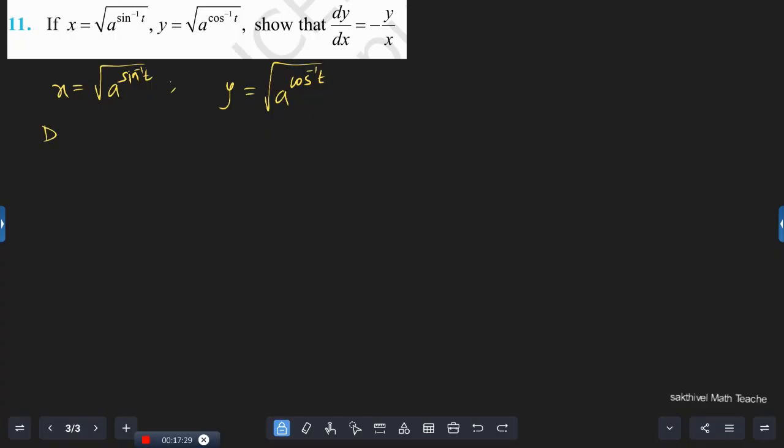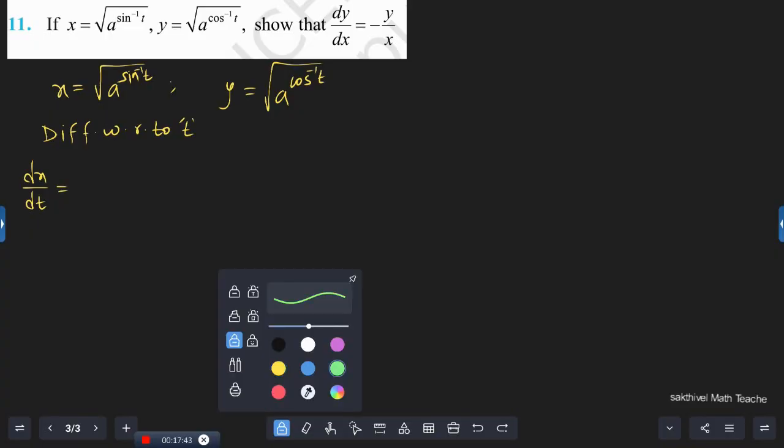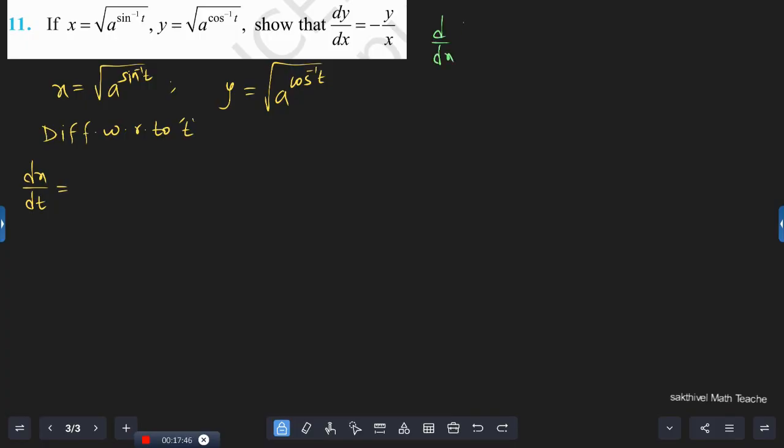When I differentiate with respect to t on both sides, dx divided by dt is equal to the derivative of root. What do you know about the derivative of root x? 1 by 2 into the same question. Then we have a power sin inverse, so the derivative of a power x is a power x into log a.